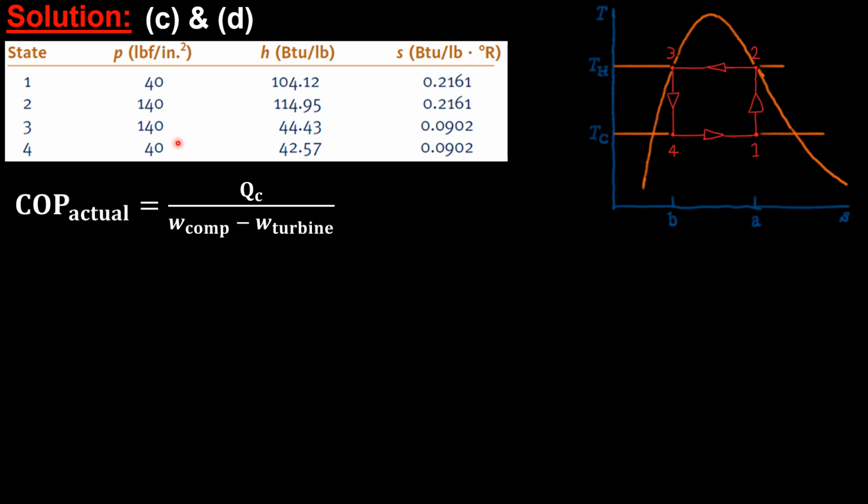So there is something that in reality, the actual cycle, these data took into consideration that there is friction, there is inefficiency in heat transfer. That's why we call it actual.